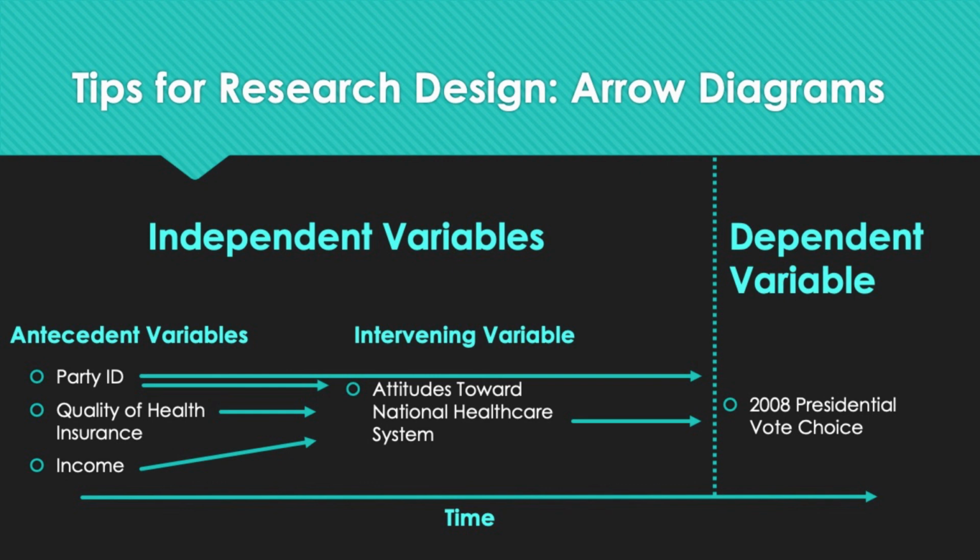We've already discussed how attitudes about current health coverage and income are antecedent to our attitudes about national health care or universal health care. And so after no time, we've already categorized our variables into very nice and neat arrow diagrams. They're actually quite messy, but all of this really helps us understand the theoretical process underlying our research question.